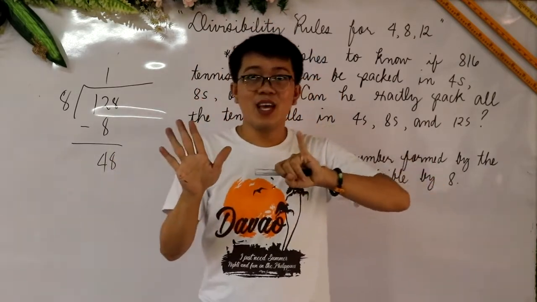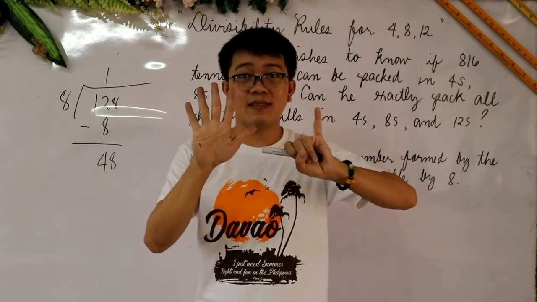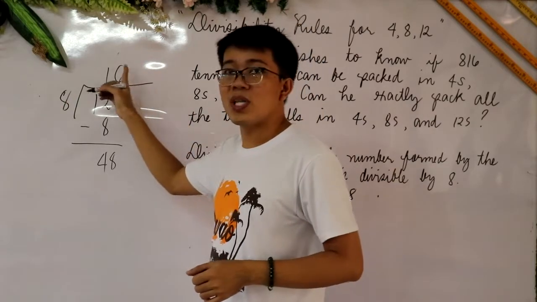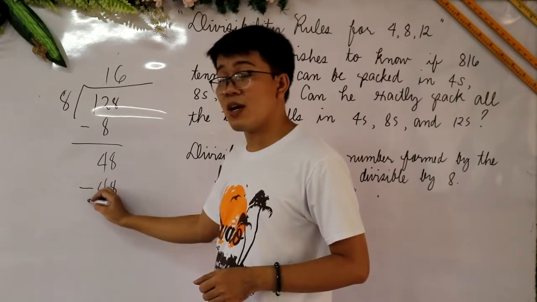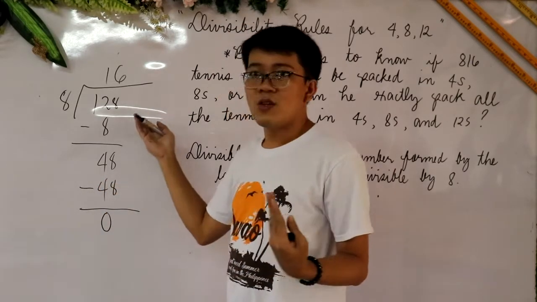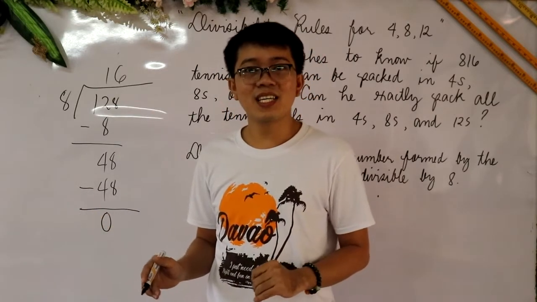There we go. Now, how many 8s are there in 48? There are 6. Now, what is 6 times 8? Definitely 48. Next is subtract again. 48 minus 48 is 0. Do you have anything to bring down? No more. So that ends our division.